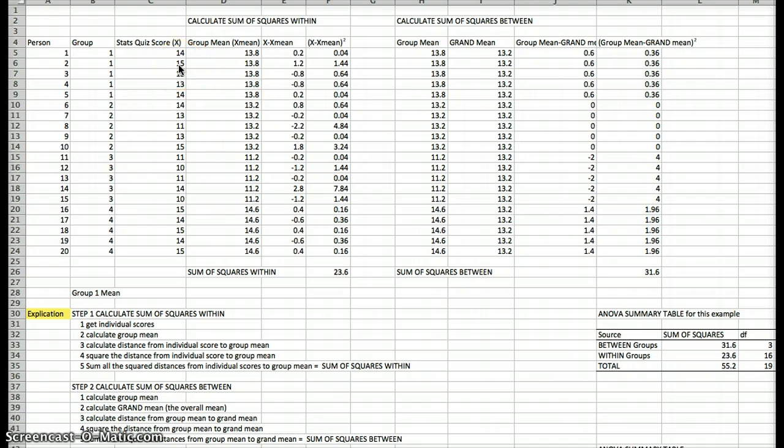Next person, 15 points, 15 minus 13.8 is 1.2. So this person is 1.2 points above average. We continue. This person has 13 points, minus 13.8 is negative 0.8. So this person is actually 0.8 below the average.